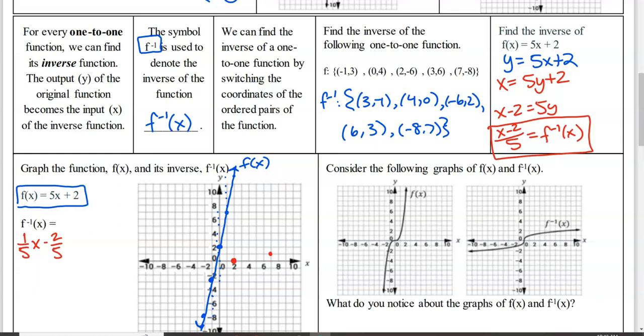So I can make it -3, -1. This point looks like -2, -8. So I'm going to make it -8, -2. And this is our inverse function.